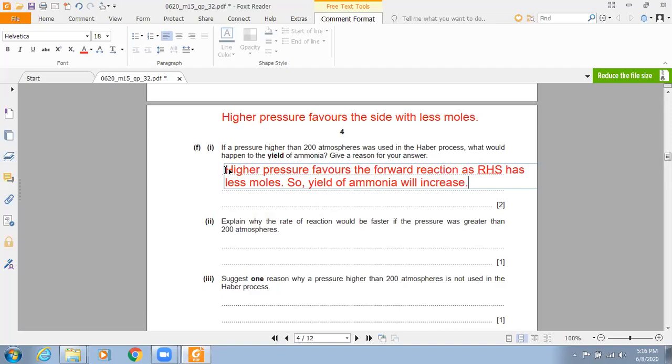Explain why the rate of reaction would be faster if the pressure was greater than 200 atmospheres. Why would the rate be faster? Because more frequent collisions will take place.